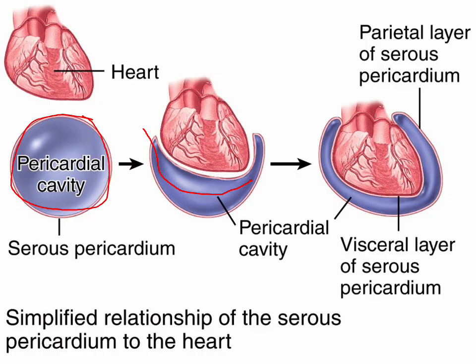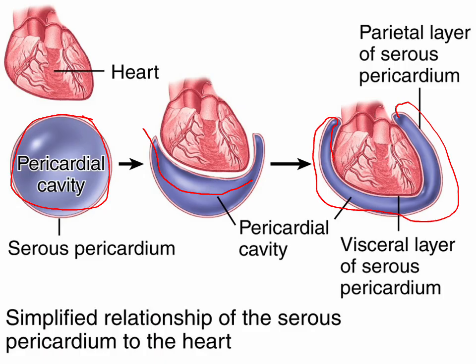So we have a serous pericardium here, the outermost layer. Sorry, let me just redo this for you guys. The outermost layer, meaning this area here, is going to be the parietal pericardium, right?